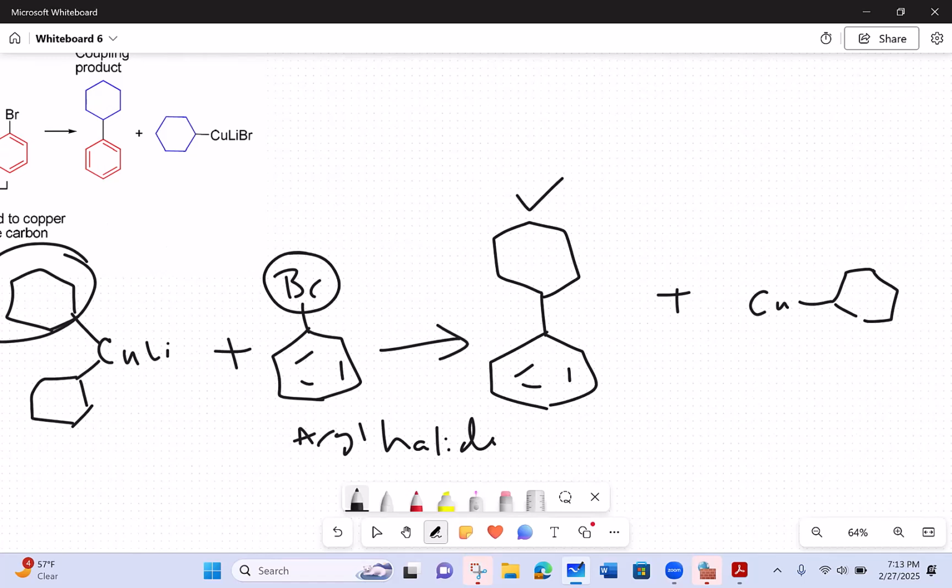And then you have that plus lithium bromide. So anytime you have a Gilman, it has 2 groups on it, but when it engages in that coupling reaction, only one of them is going to actually get transferred in the process of coupling.